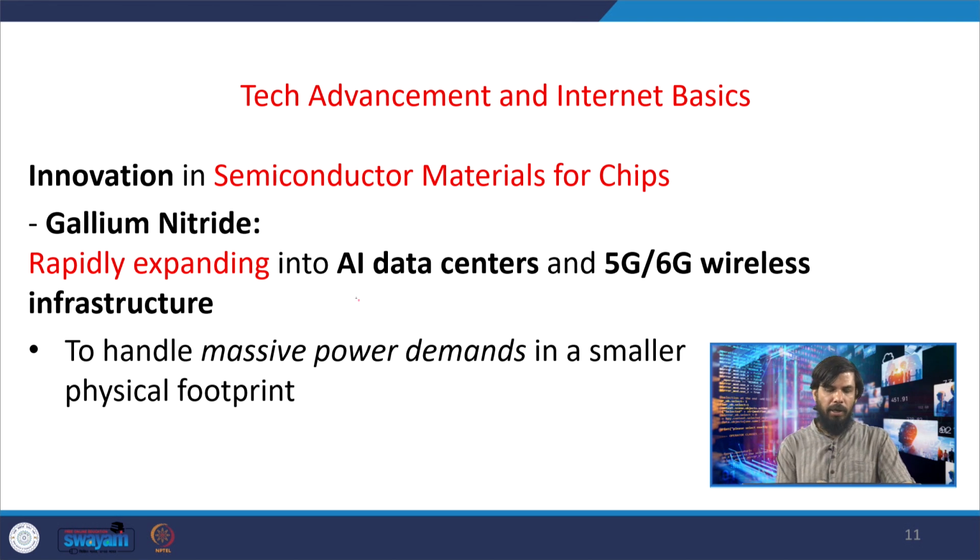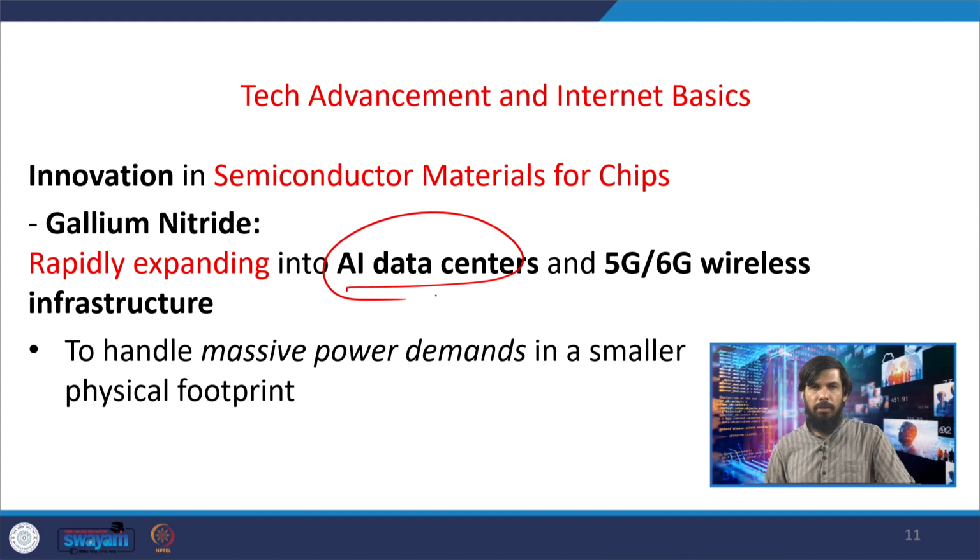into AI data centers, because AI data centers are continuously being used, and some training might also happen, and lots of large language models, applications and frameworks are running through these AI data centers. So gallium nitride could be a better option as a silicon replacement.